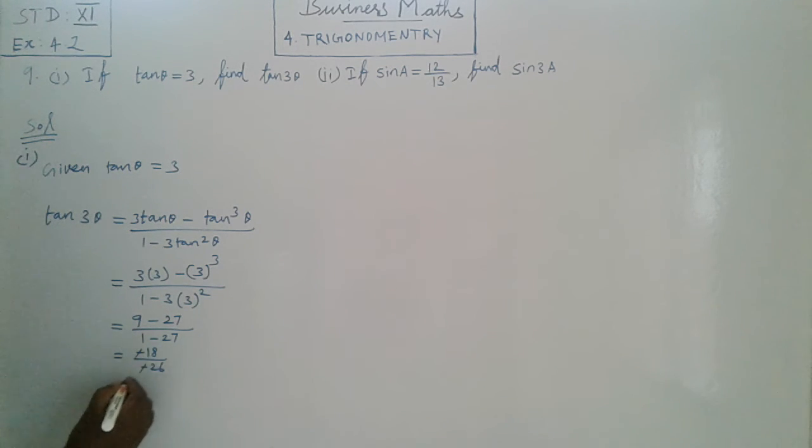Minus minus cancel. 2 nines are 18, 2 thirteens are 26. So 9 divided by 13 is the tan 3 theta value.